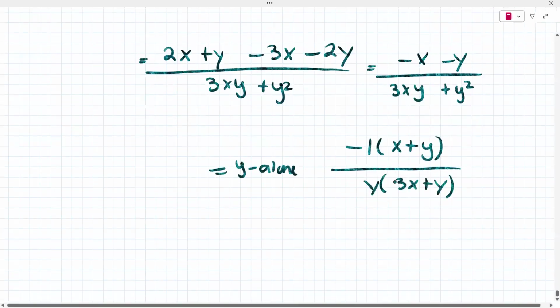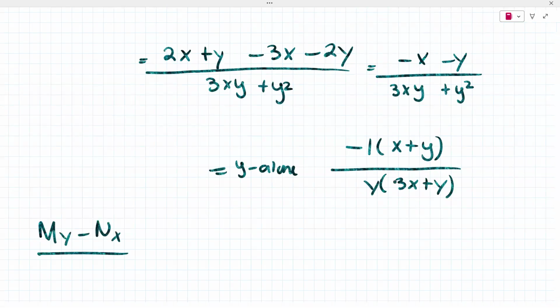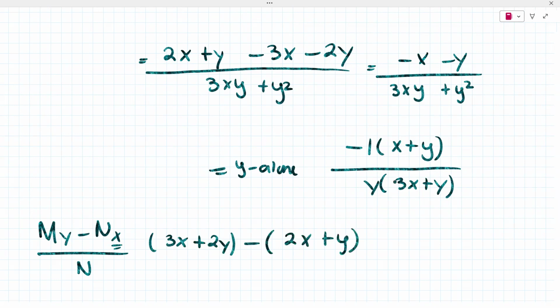So the x alone is M of y minus N of x all over N. So that is going to be my M of y, 3x plus 2y, minus my N of x, 2x plus y, all over N, which is x squared plus xy.